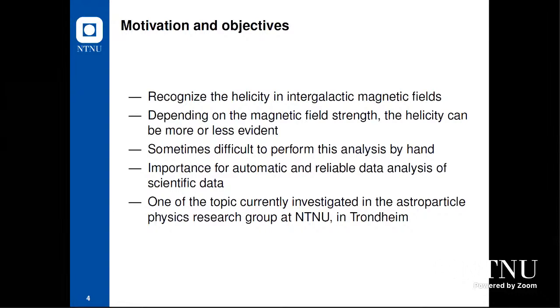And also the problem is that this kind of classification in some cases is not very precise, because sometimes there are some visual features that might resemble, for example, a positive helicity while it is a negative helicity, and most of the problems are found when we consider the zero helicity. And for this reason, it is very important to use machine learning to have good results in terms of classification.